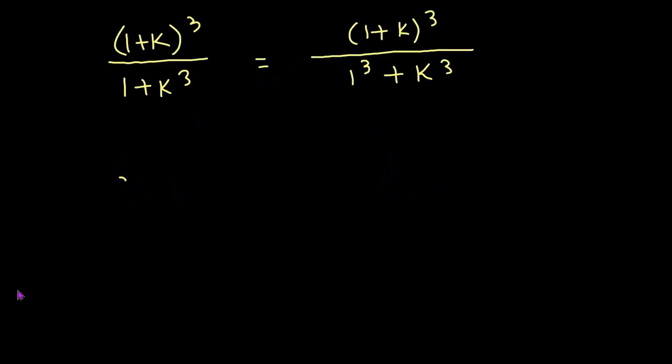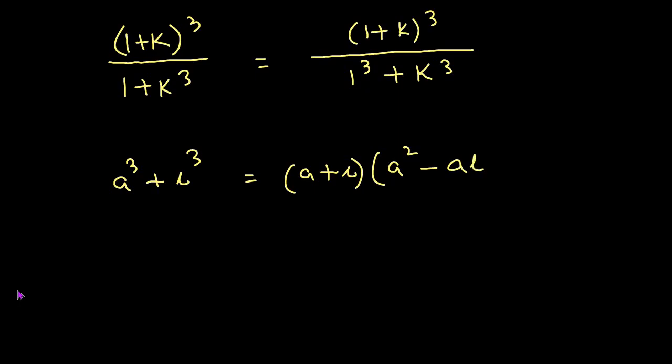We know a³ + b³ can be written as (a + b)(a² − ab + b²).